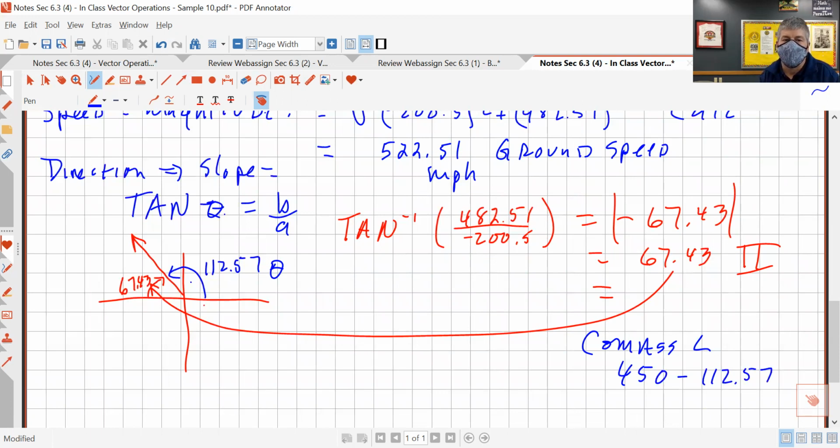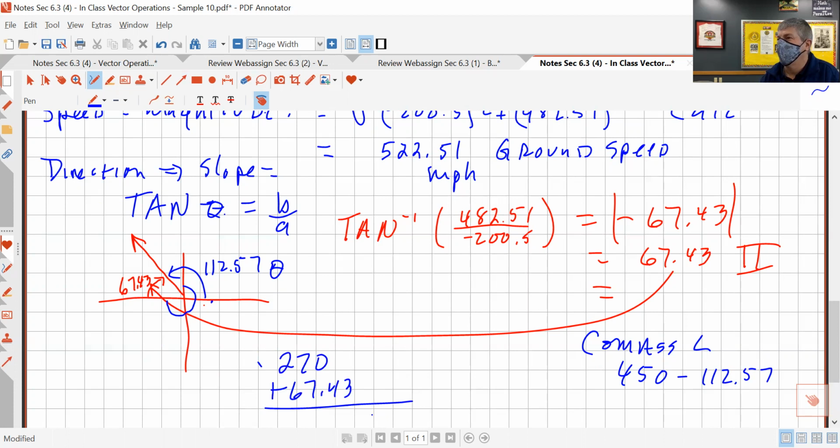Well, because it's essentially 5 quadrants is what he's doing. I would do, which is probably, I would do this. For my compass angle, I'd go 90, 180, 270. I'd do 270 plus 67.43. That would be my compass angle.